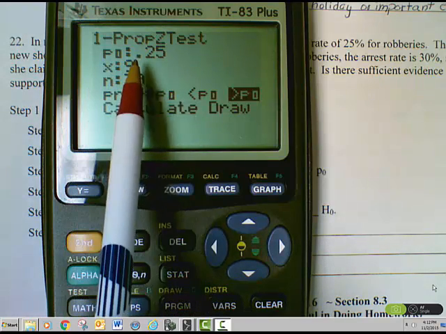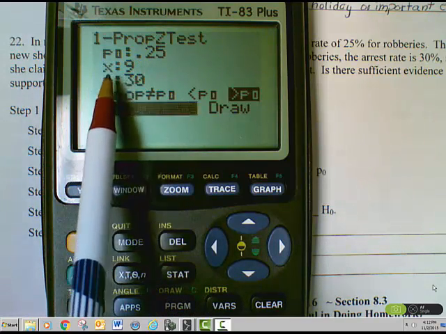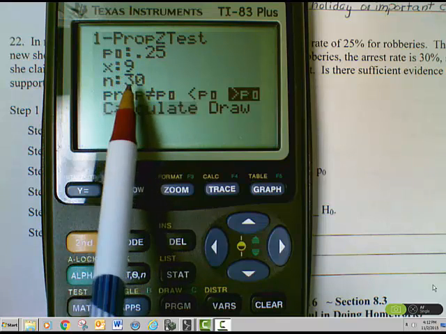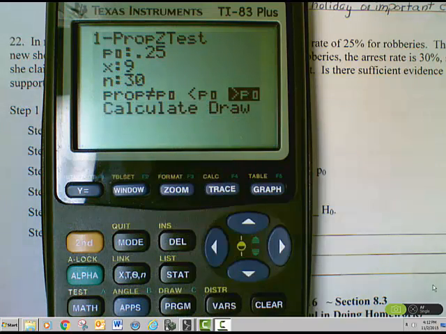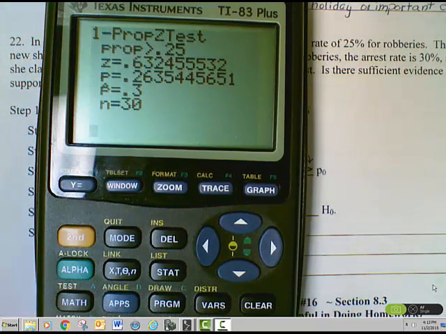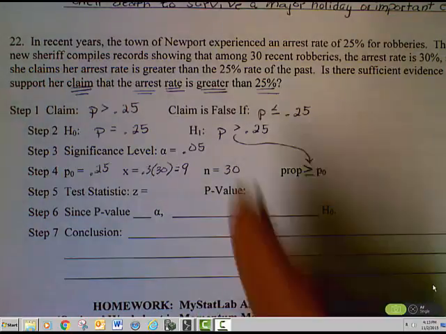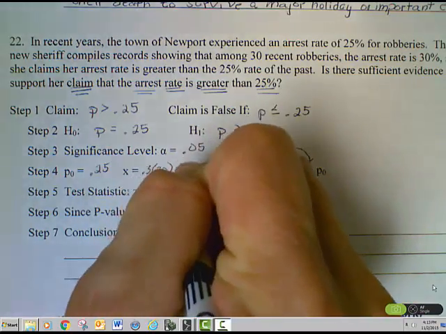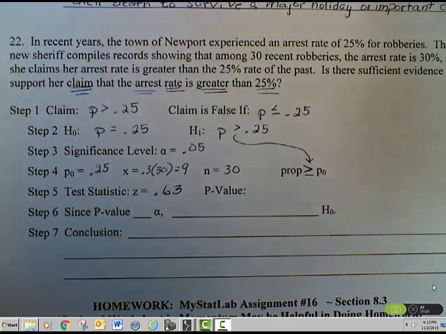The proportion in the claim is 0.25. I had 9 arrests out of 30 robberies, and I've chosen the greater than symbol that was in my alternate hypothesis. So here are my results. The z-score is 0.63 if I just round it to 2 decimal places. The p-value to 4 decimal places would be 0.2635.